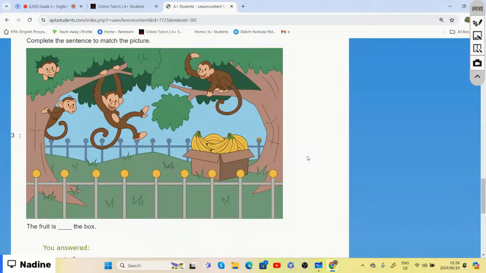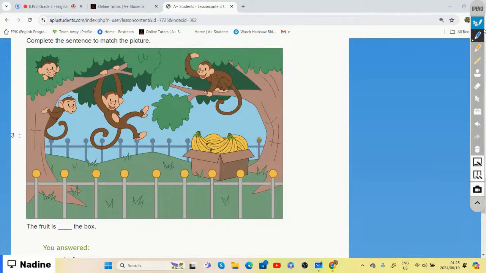Where are the bananas? All right, if we were to identify where the bananas are, then we can say the bananas are in the box, right? And the box of bananas is standing under the tree.